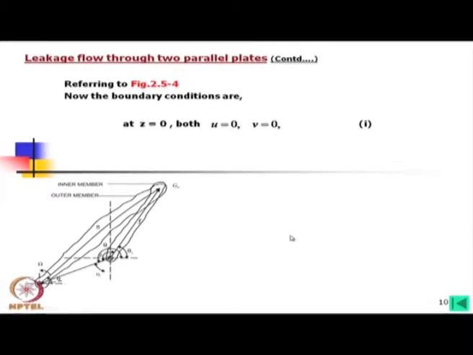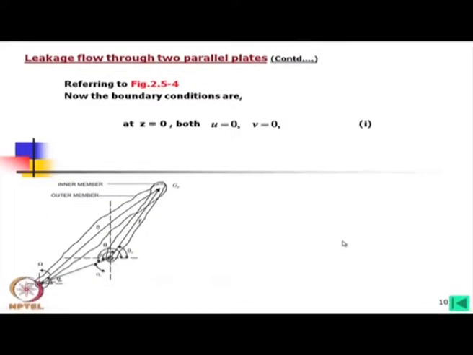Sorry, z is in the direction of the gap. Actually here instead of y we have considered the z. So, at the bottom, that means on the stationary plate, z is equal to 0, u is equal to 0, v is equal to 0.